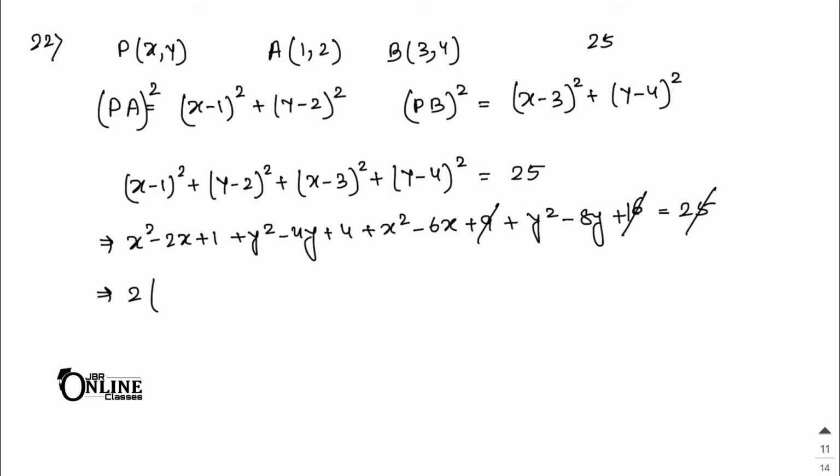Here 2x², so 2 will be common, 2 into (x² plus y²). Now minus 2x minus 6x is minus 8x, then minus 4y minus 8y is minus 12y, and 4 plus 1 is 5, equals 0. So this will be your answer.